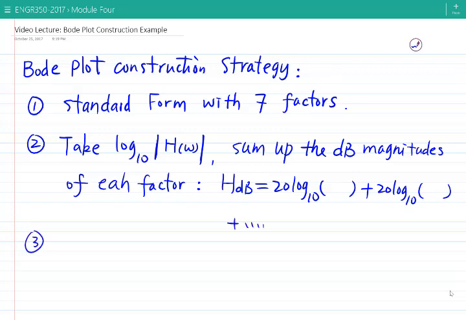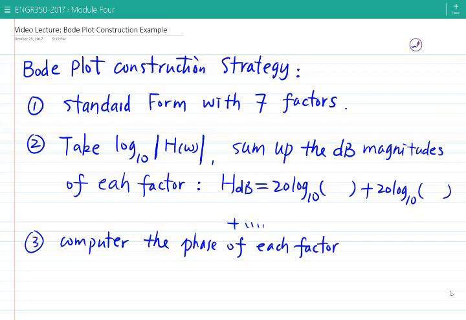The third step is to plot the phases. We need to compute the phase of each factor and sum up the phases.